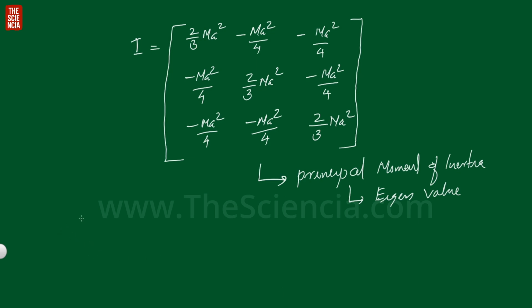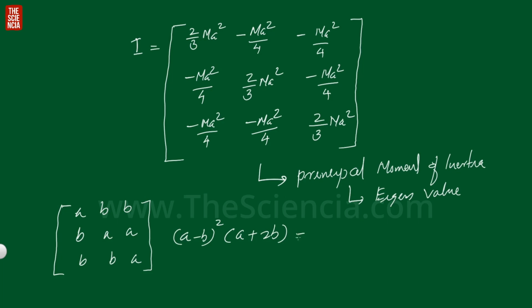The trick is, if a matrix looks like this one, like A, B, B, B, A, B, B, B, A, right, the diagonal elements are all A, then (A minus B) all squared into (A plus 2B) will be equal to 0.